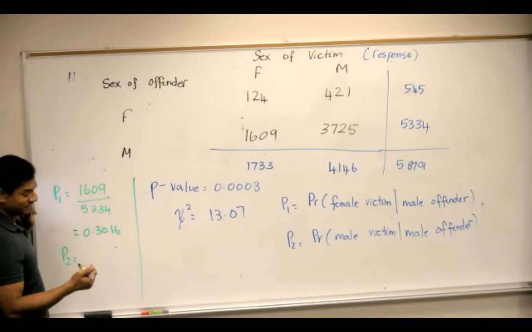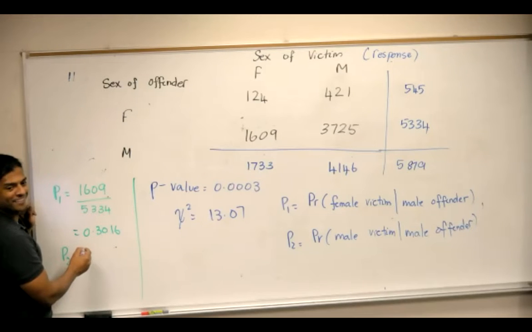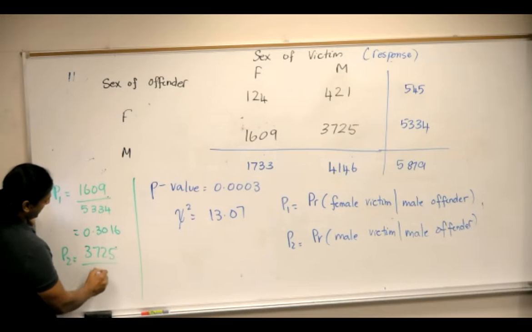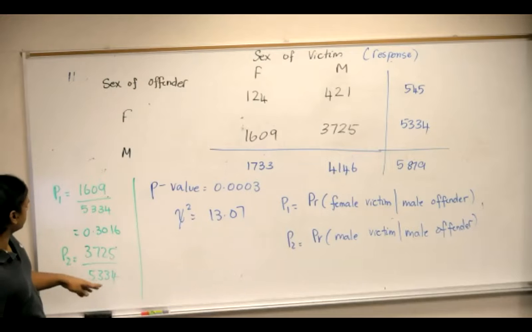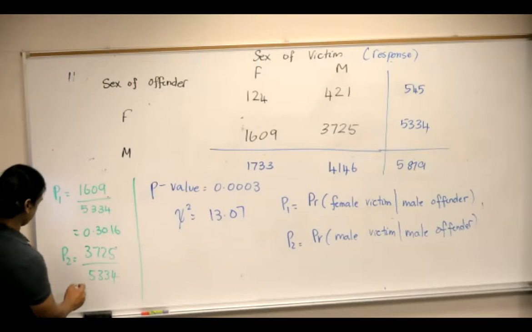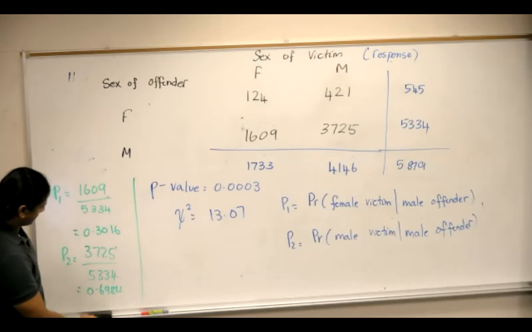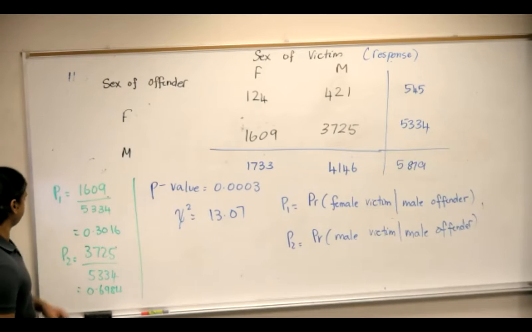It would be the same, except for the top we'd be using 3,725. So it's 3,725 divided by 5334. What is it? 0.6984. Yes.